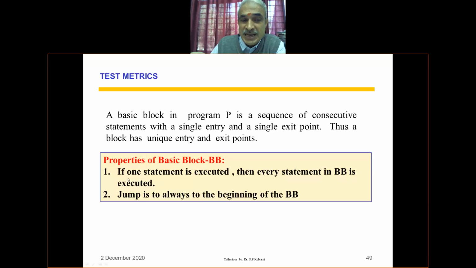One, within that basic block, if one statement is executed, then every statement is executed. And two, a jump is always to the beginning of the basic block. Whenever you make a jump in the program, it will always go to the beginning of a basic block. Is that clear? This is a property of the basic block: if one line is executed, all lines are executed in that basic block.